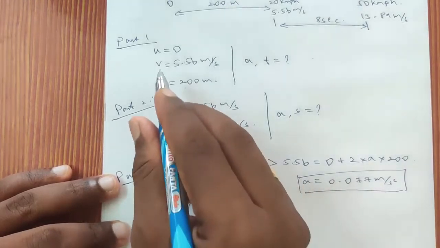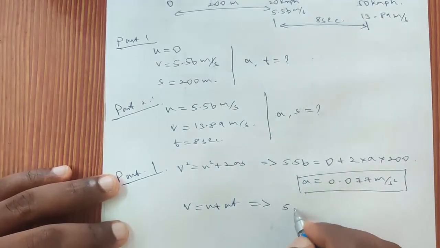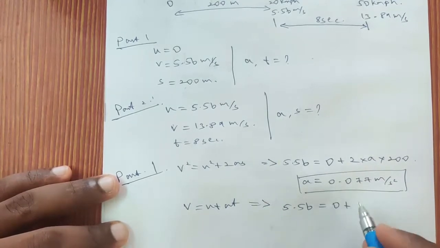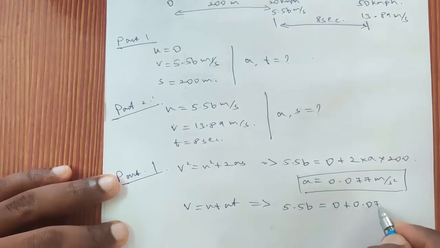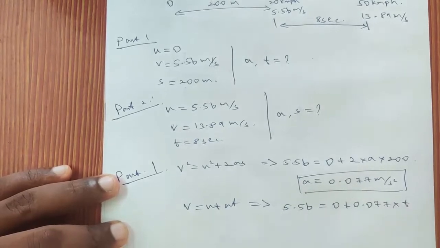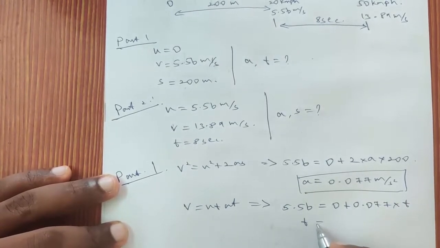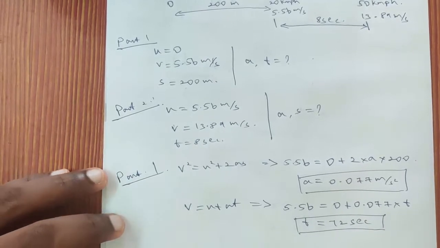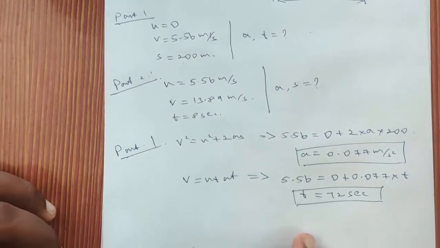We can substitute the values. v is 5.56 is equal to 0 plus a, which we have already calculated, 0.077, into t. If you solve this equation, you will get t is equal to 72 seconds. So this is for part 1.